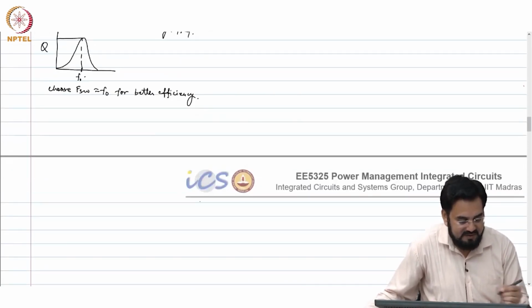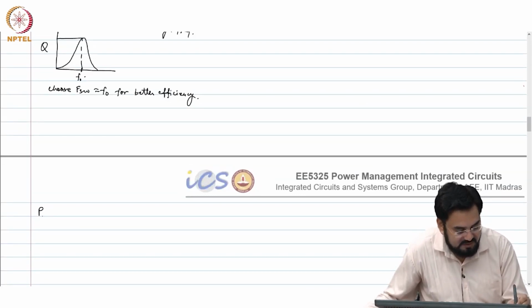So, now we know what the different losses are. So, what will be the total P loss?